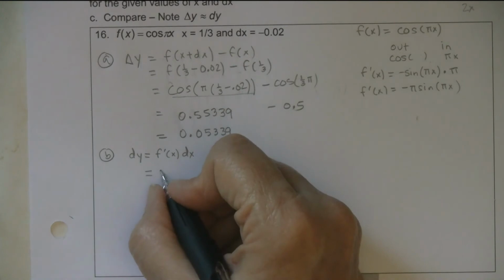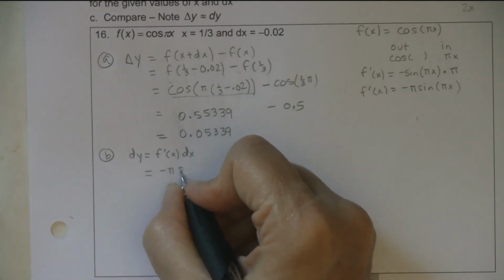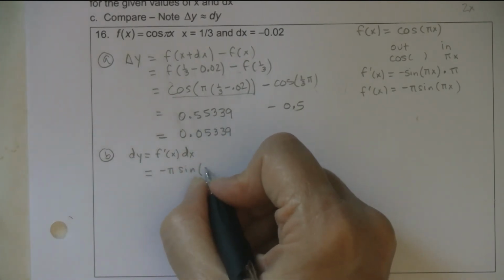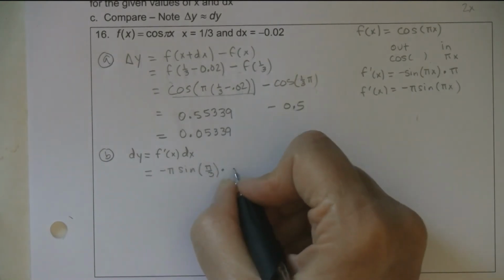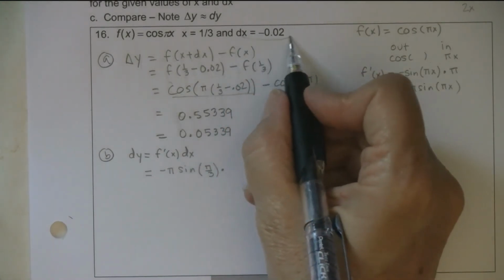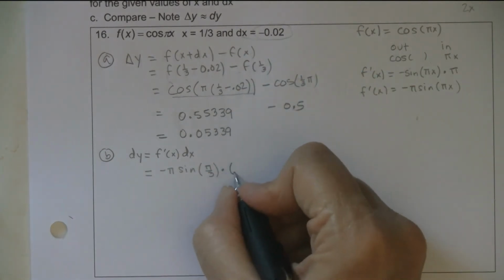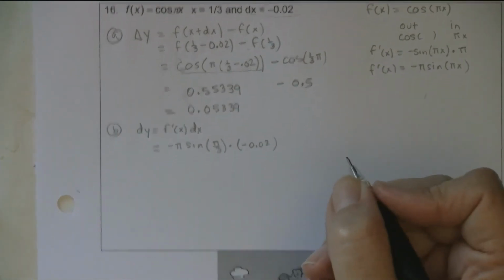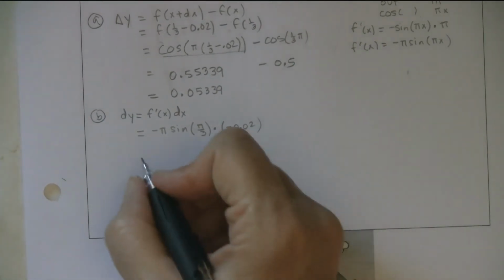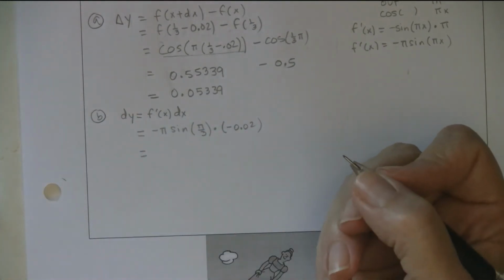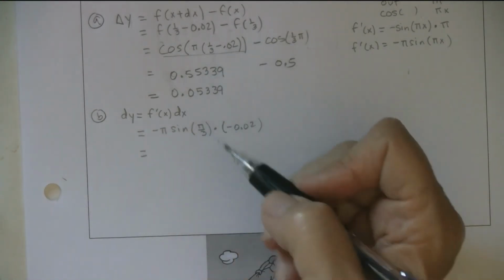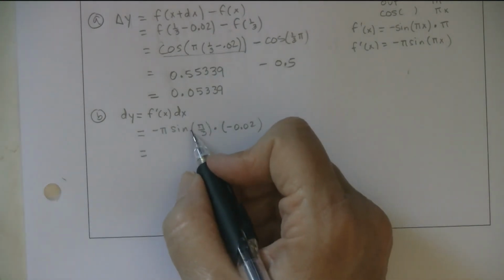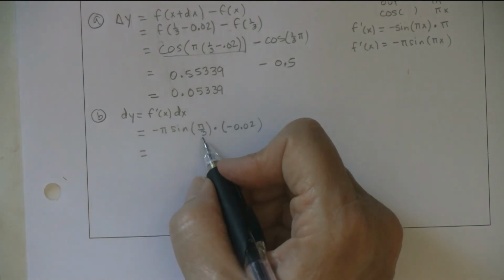So this would be negative pi times the sine of pi over 3 times dx, and dx was given to be negative 0.02. And then I could find this by hand if I had to. I couldn't do that one by hand. But I do know the sine of pi over 3.